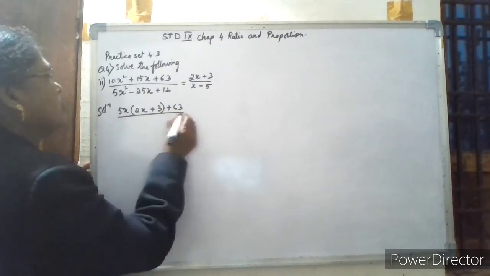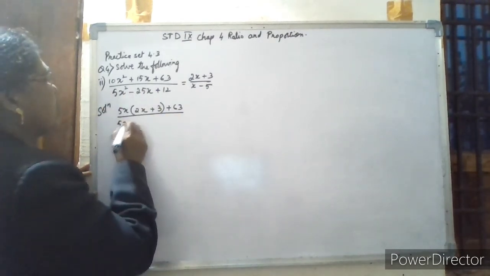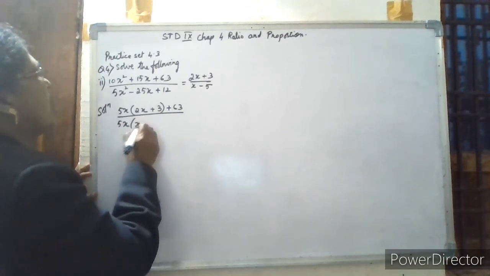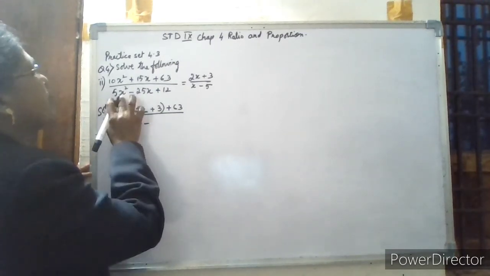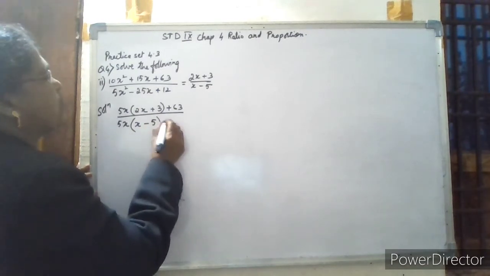Then here again take out 5x: x minus 5, 5 fives are 25, x gone out, plus 12.